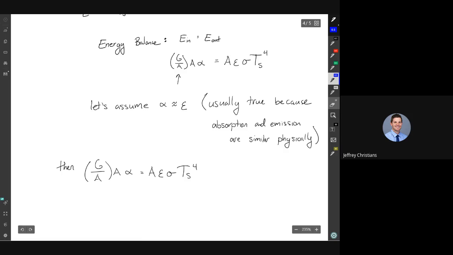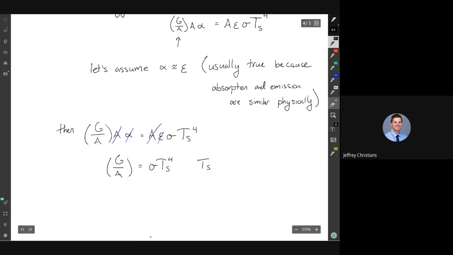Then we can divide both sides by A, get rid of those, and we can divide both sides by alpha slash epsilon because those are the same-ish number. So then we would be left with G over A equals sigma TS to the fourth.